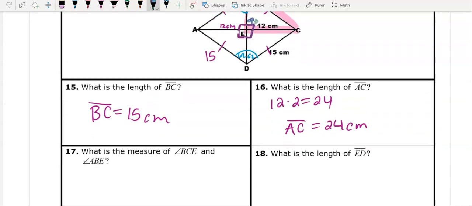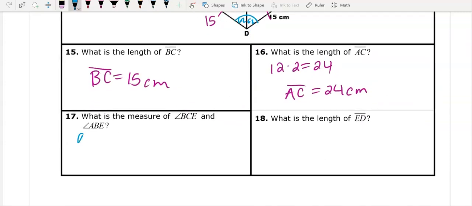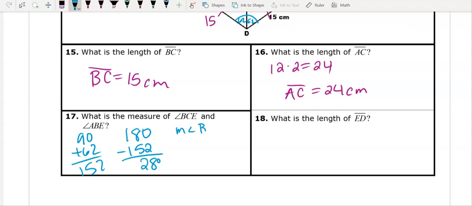If we say 90 plus 62, we get 152. Then we can subtract that from a triangle's total measurement, which is 180. So the measure of angle BCE is 28 degrees.